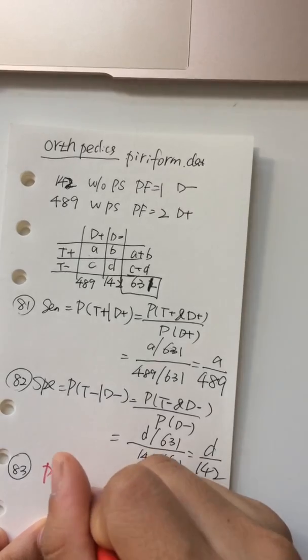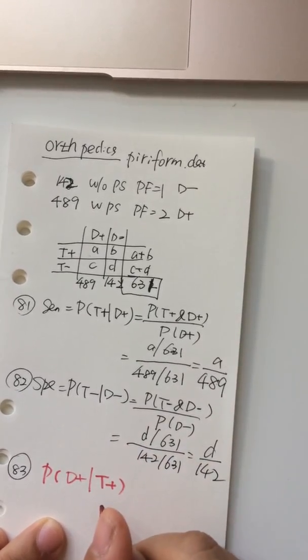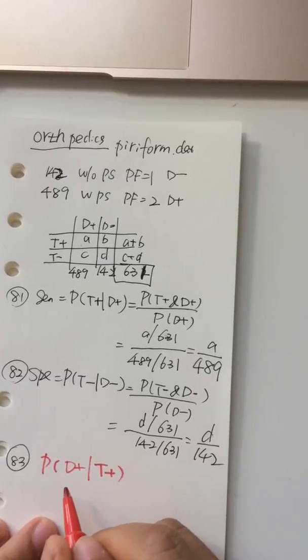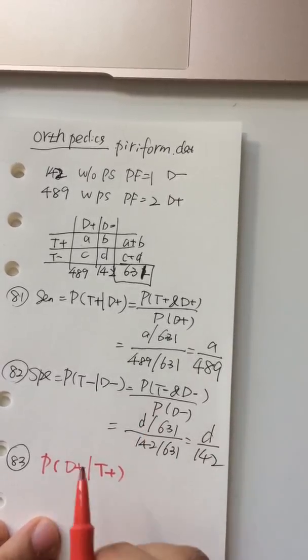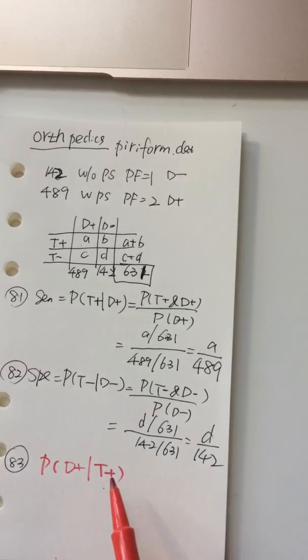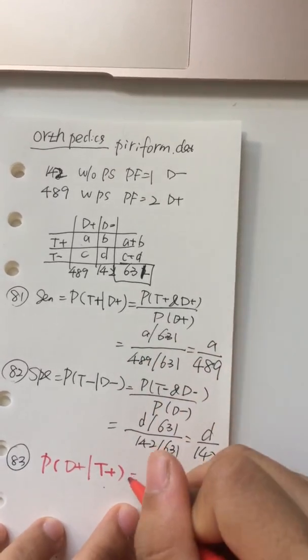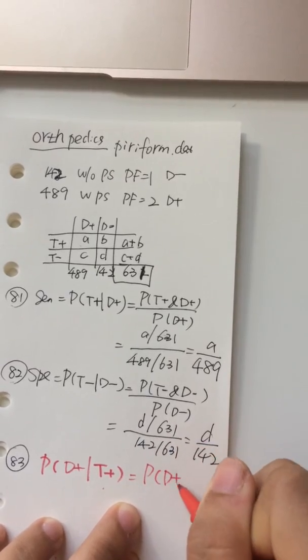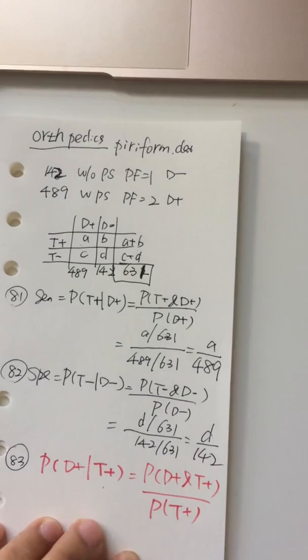So what's the probability of disease given test positive, right? If the test result is greater than something, this means test positive, and then we want this one. So you write the same thing here. It's probability of D and T given T.